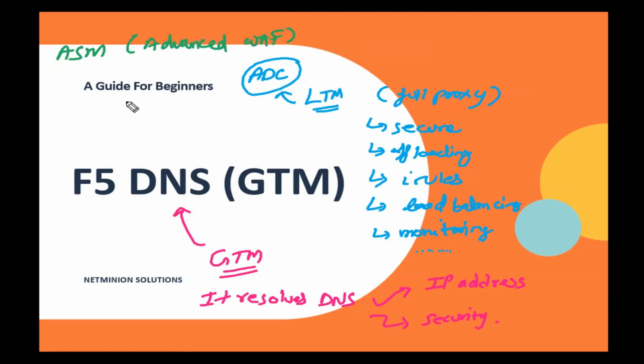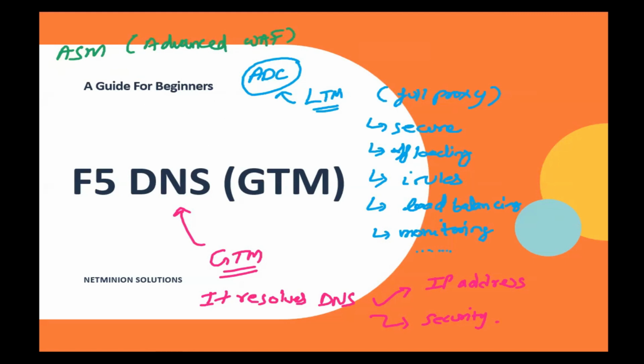This product is again a robust product when it comes to protecting your mission critical application or the layer 7 data from different malicious attacks, which your conventional firewall cannot detect.